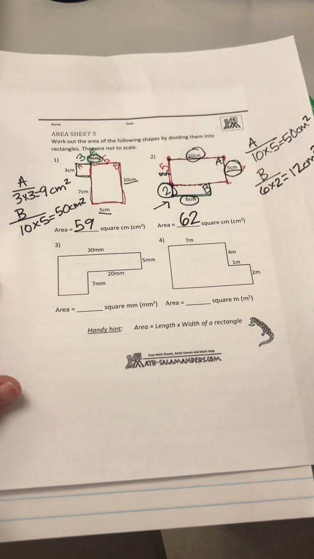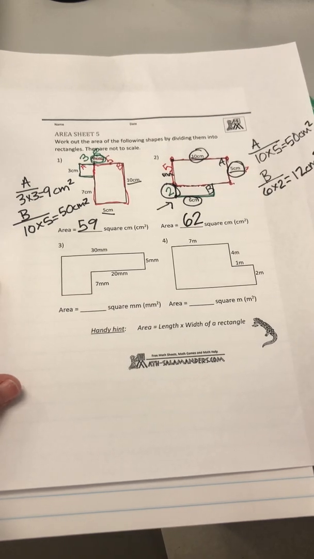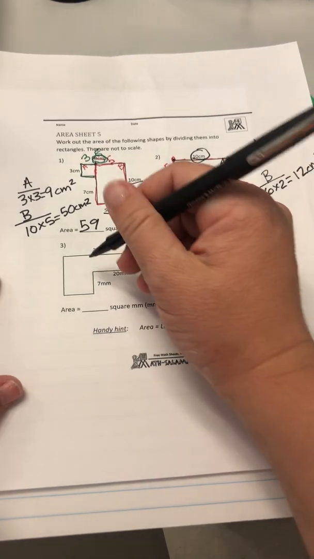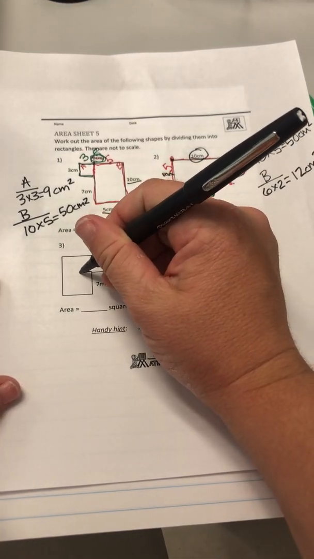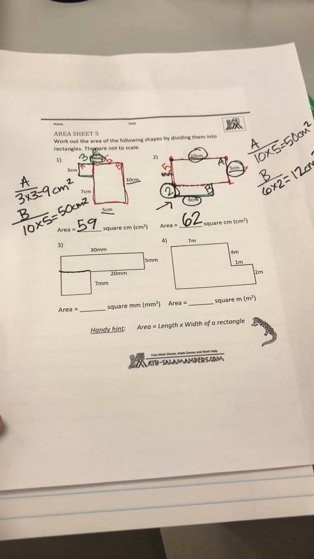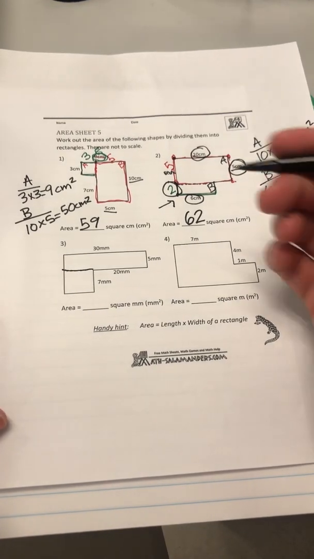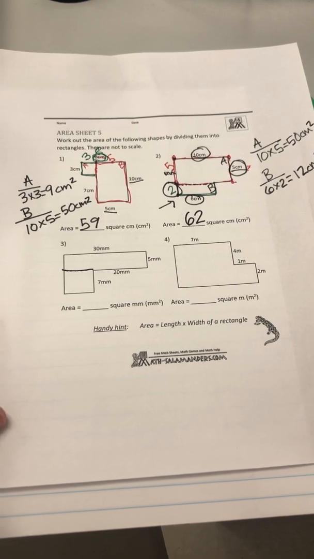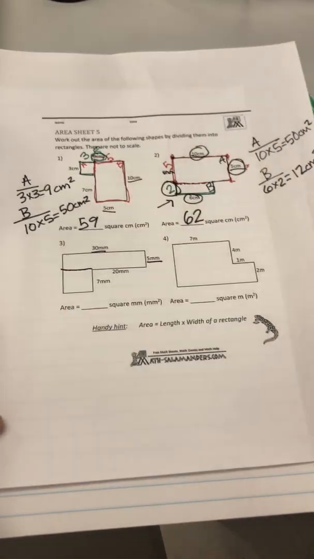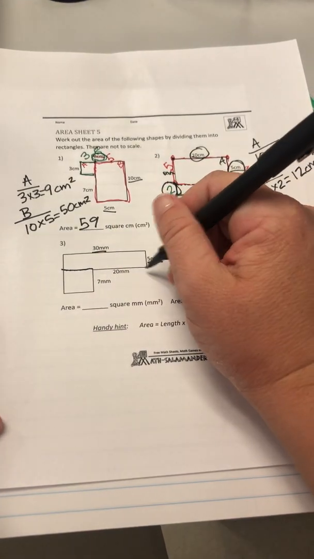All right. I would probably partition this one right here. Now, we know that this one is a 30 millimeter by 5 millimeter, but from here to here is 20.